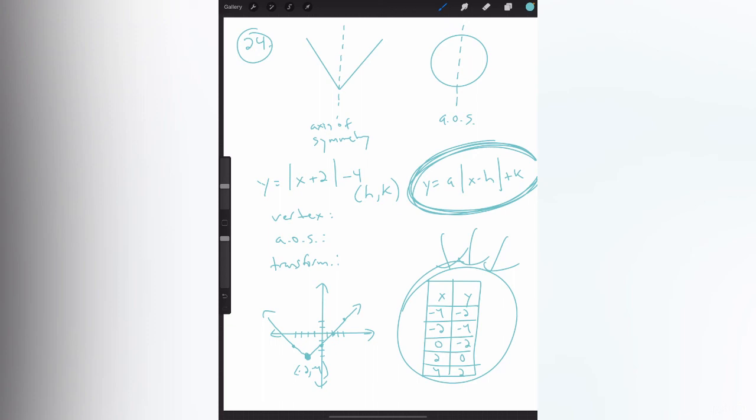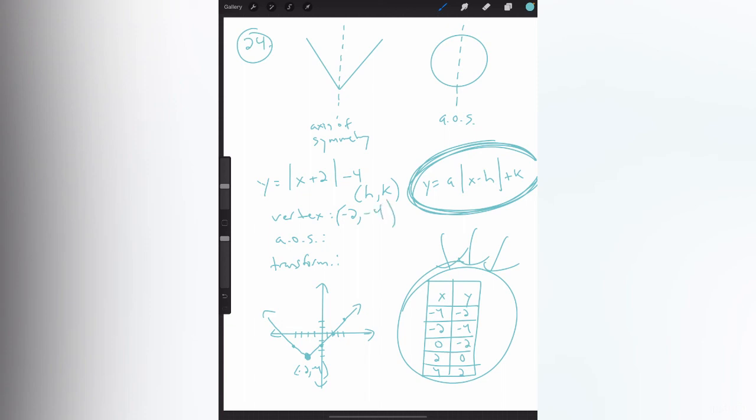I have my h and I have my k. It says minus h, and this is a plus 2, so I had to deal with a negative number at some point. So I know my vertex is negative 2, and then there's a negative 4 all the way out there, so negative 4.